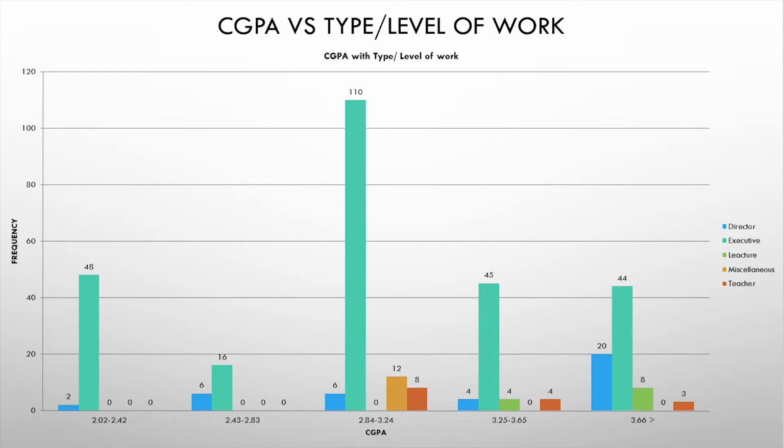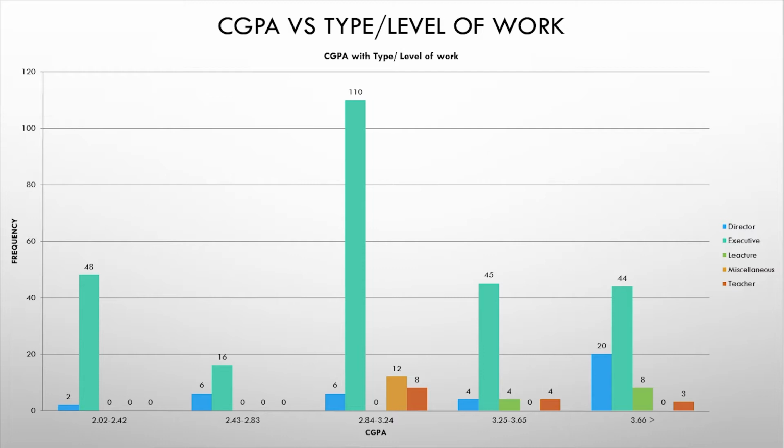The students who get CGPA 3.25 until 3.65 work as director, executive, lecturer and teacher. While the students who get CGPA 3.66 and above work as director, executive, lecturer and teacher. From this investigation, we can say that most alumni students work as executive compared to other types of work.